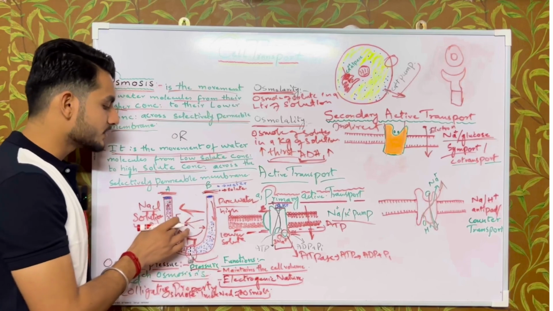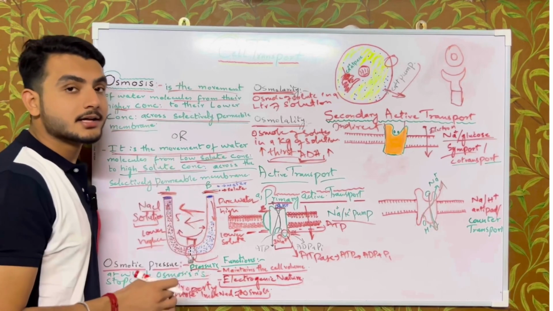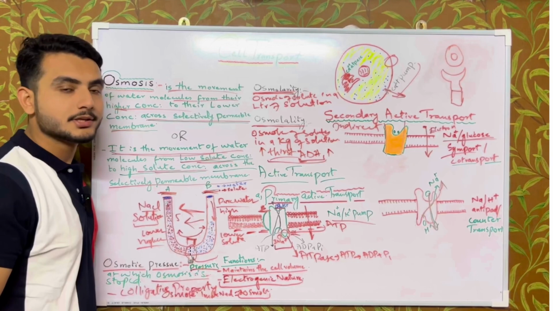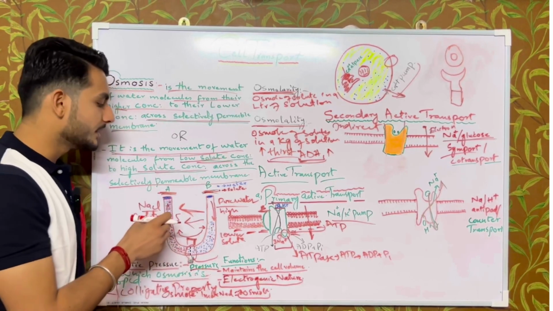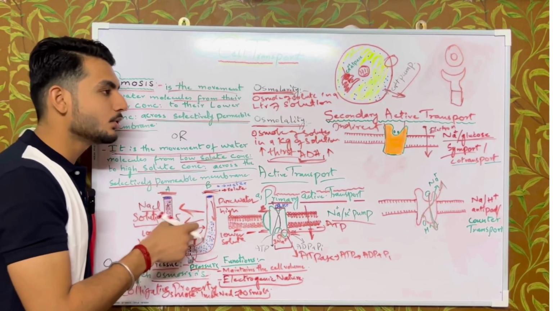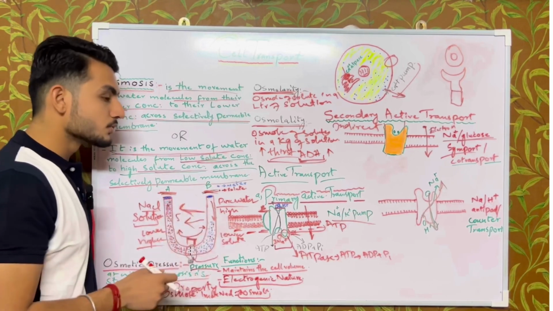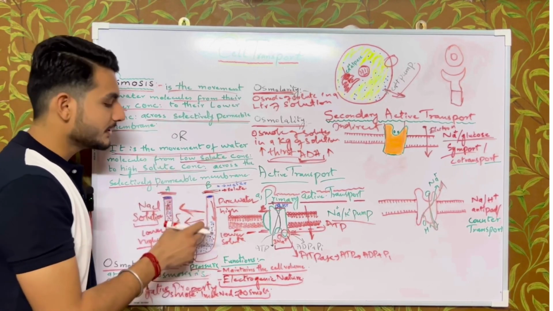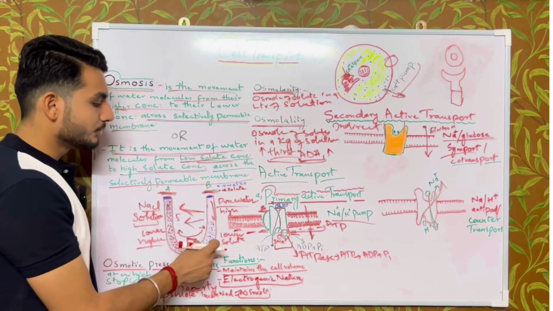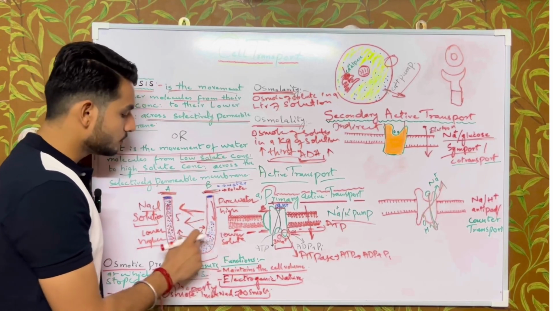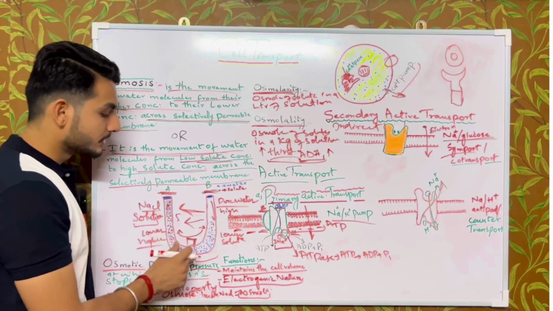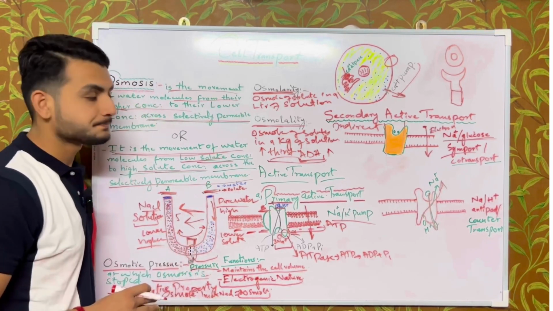We know that because of the sodium chloride ions or sodium chloride solute in chamber A, the concentration of water becomes lower than in chamber B. So we know that osmosis is the movement of water molecules from higher concentration to the lower concentration across a semi-permeable membrane.